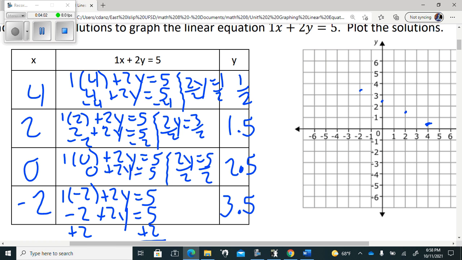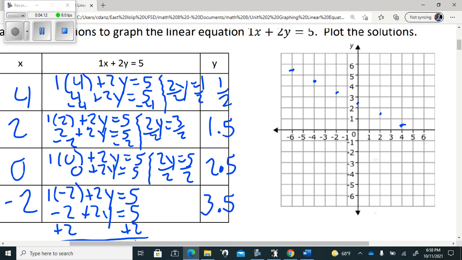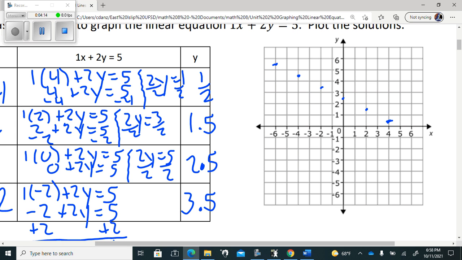And those points do land in a straight line. There'd be a point here. There'd be a point here. There would be a point here. I'll just follow the pattern of the points so that I could add some more points so that it makes it easier to draw a straight line all the way to the edges of the graph. Put your arrows and don't forget to label.